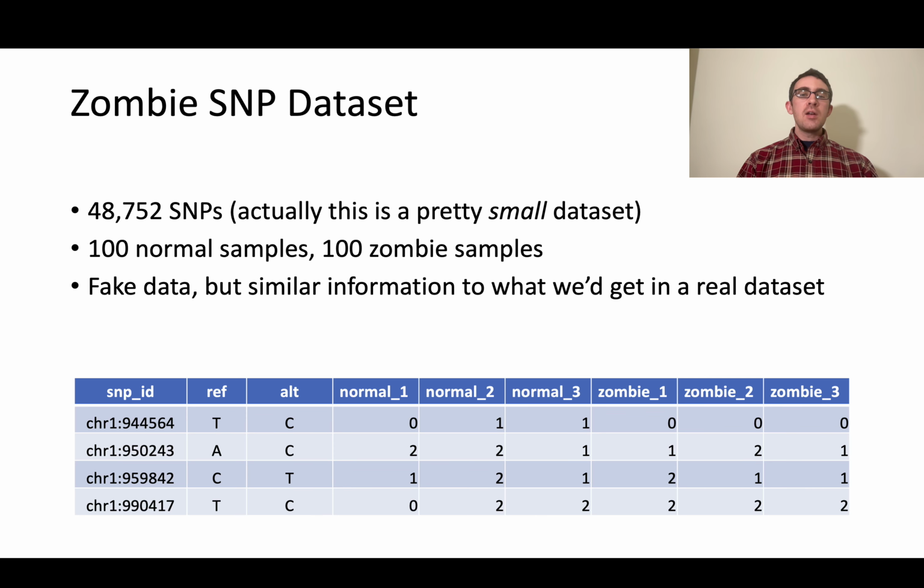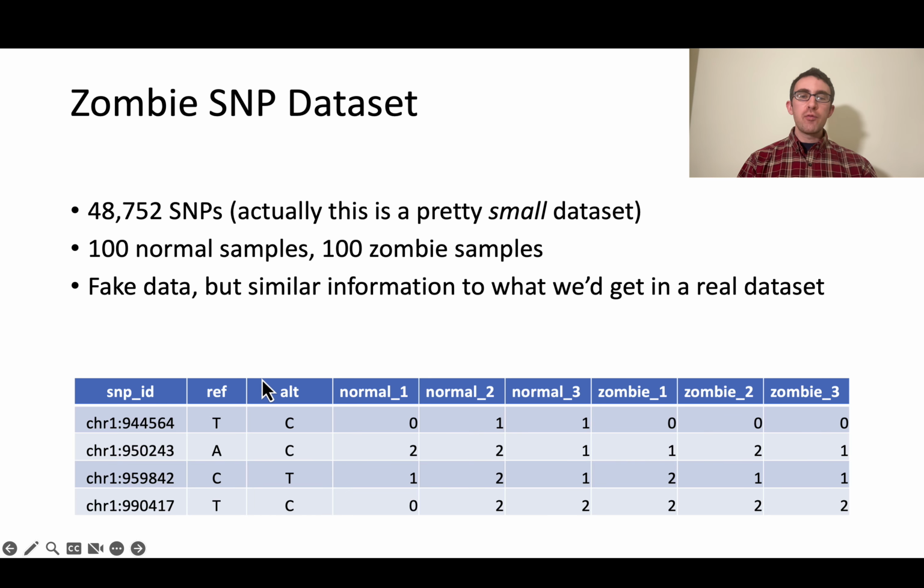And then the alternate allele is a C. So there are two possible alleles that could be in this position, where the reference is a T and the alternate is a C. Again, just to stress this, the word allele here literally just means what letter is in that position.